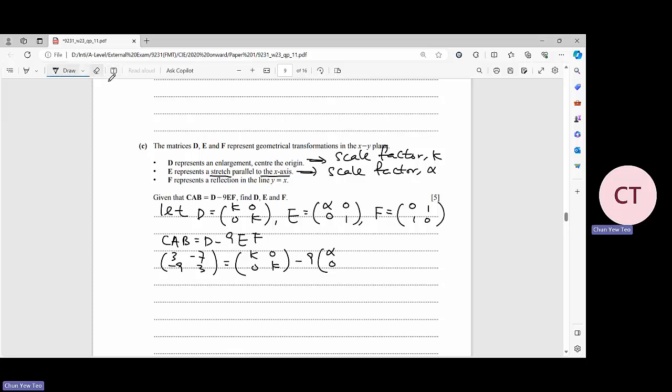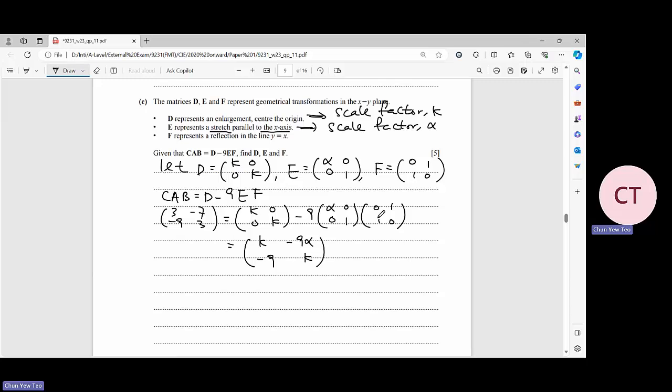So the right hand side, we need to do the matrix algebra here. So just multiply and combine together. You're supposed to get K, negative 9, negative 9 alpha, and K. So by comparison, your K is 3, your negative 9 alpha is negative 7, then your alpha is 7 over 9.